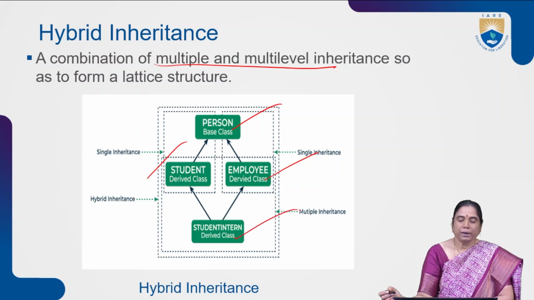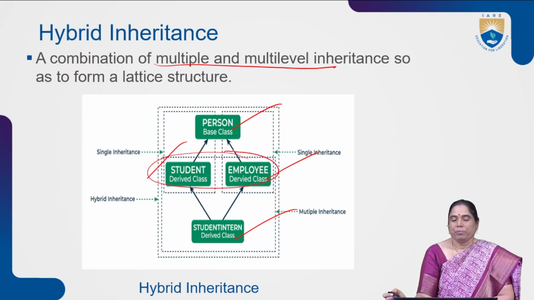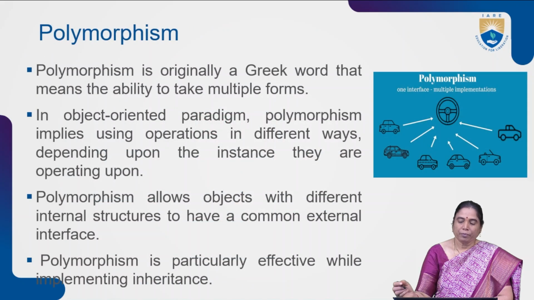So, it can be a combination of multiple inheritance from more than one base superclass. The derived class can be formed, and it is multi-level inheritance from the person base class, to employee, which in turn is used to derive the further subclass. So, the combination is called hybrid inheritance.